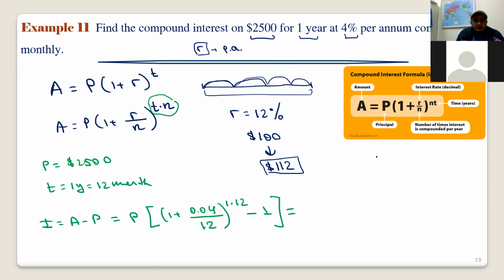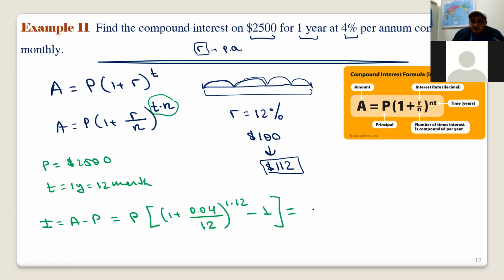Okay, Amira? Let's just finish this question. It's 2,500 times (1 plus 0.04 divided by 12), close the bracket, to the power 12, minus 1.